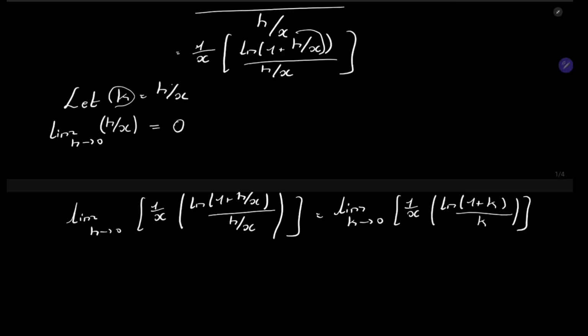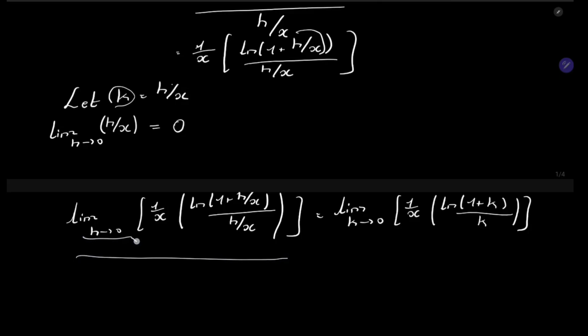Now, since we are calculating the limit as h tends to 0, we want to observe how k behaves when h tends to 0. And what do we notice? We notice that as h tends to 0, k also tends to 0. So that tells us that the limit as h tends to 0 is the same thing as the limit as k tends to 0. So that is what we did in this case.